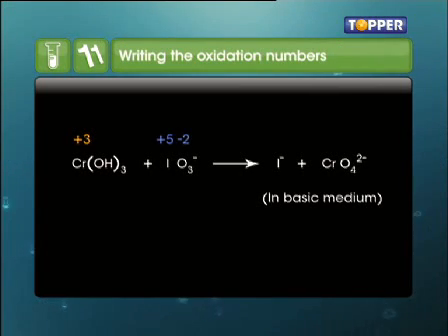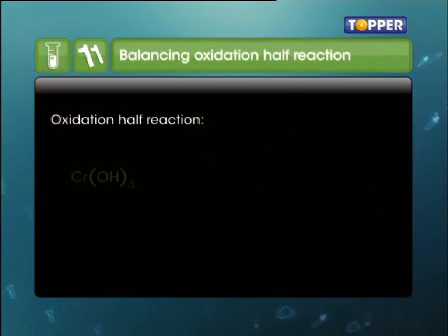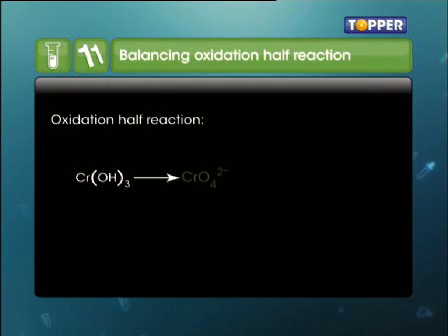First write the oxidation numbers and then separate the redox reaction into oxidation and reduction half reactions. Let's first balance the oxidation half reaction. We balance the oxidation number by adding 3 electrons to the product side.